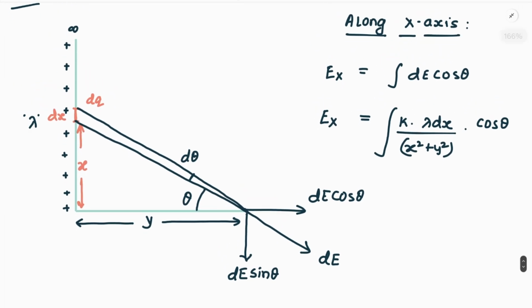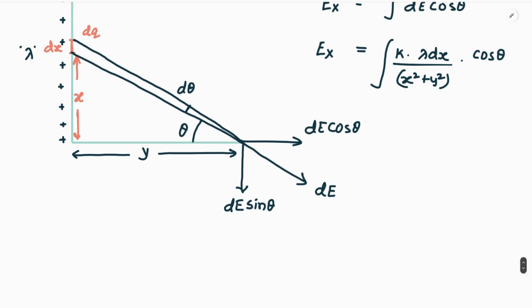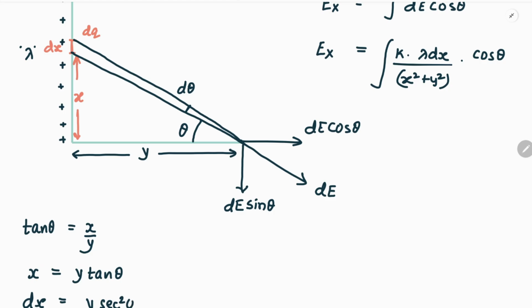Now the next thing that we do is we use substitution. For substitution we are using tan theta as x by y. So x can be written as y tan theta, so dx can be written as y sec square theta d theta.